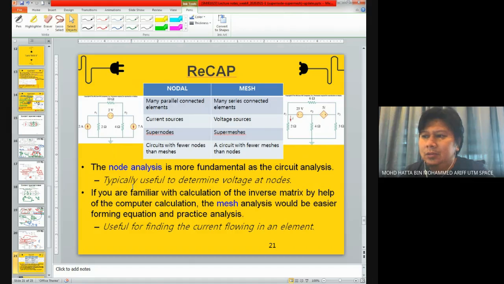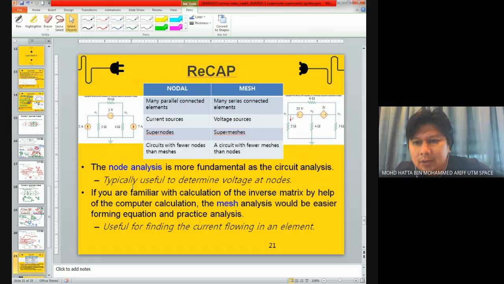However, you can basically apply either node or mesh analysis in order to solve your circuit, to find the value of, for example, power dissipated, maybe current, maybe voltage at a particular resistor. You can use any analysis method.